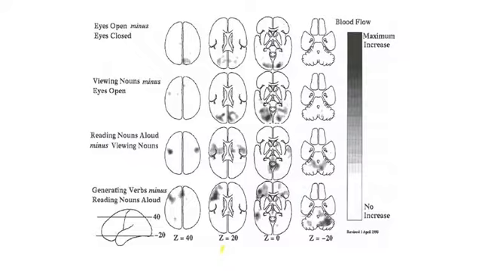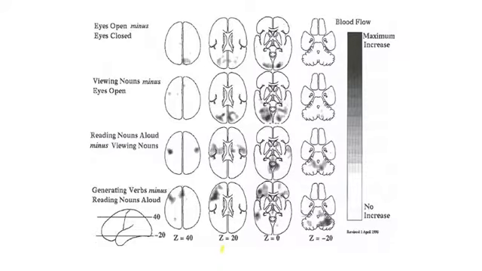So these are axial cuts, and this is just showing different levels, going from closer to the top of the brain, a little bit lower yet, and down through the brain stem and cerebellum.